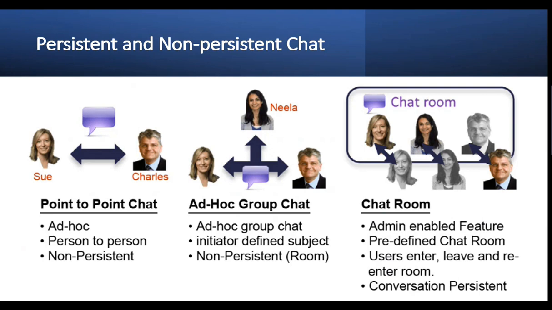Like in Teams, we have a room created, like a meeting created. Even if the meeting is not going on, the chat will still be available. So persistent chat is permanent chat, whereas non-persistent is temporary chat. As soon as the call is disconnected, there'll be no chat room or chat group available anymore.